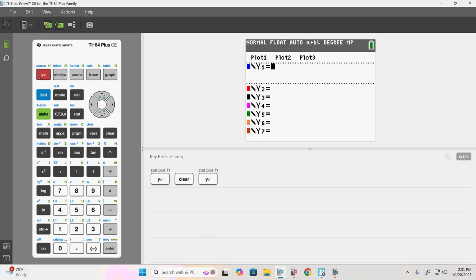Everybody find y equals. So we don't want anything in any of these equations, and I think for all of us here, they're all cleared out.